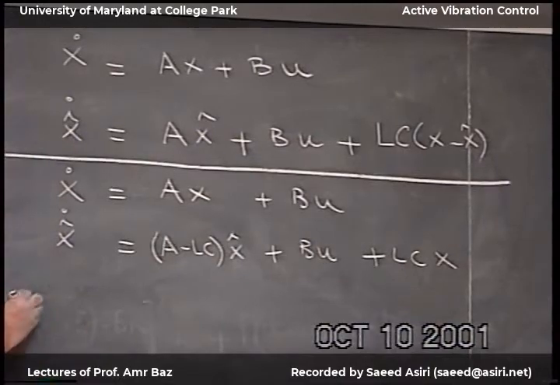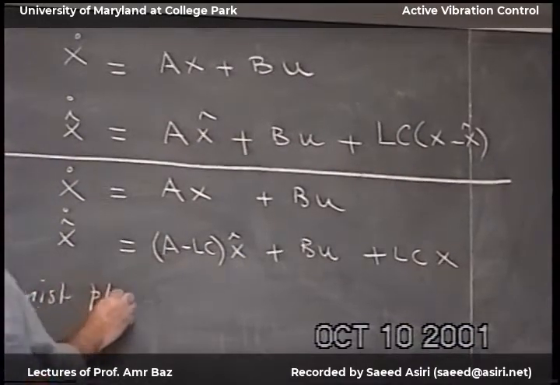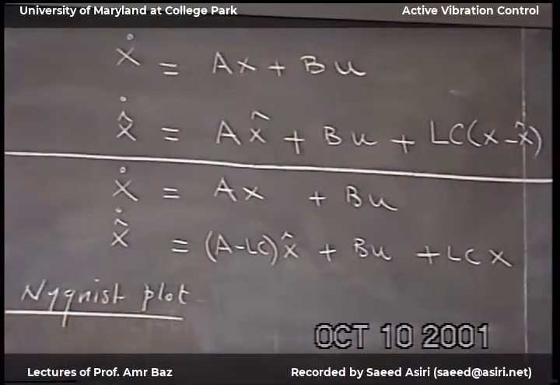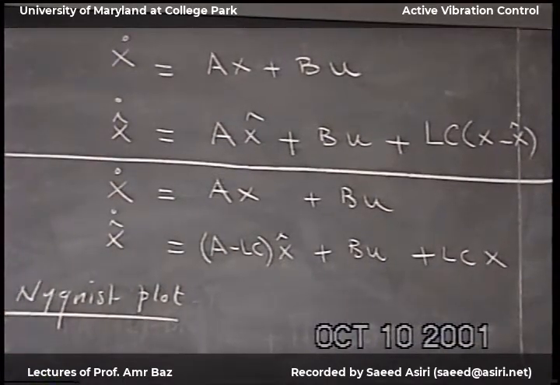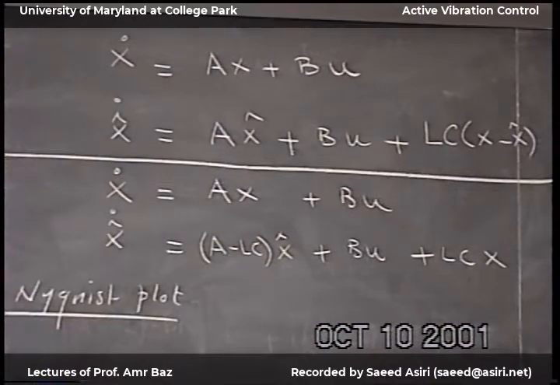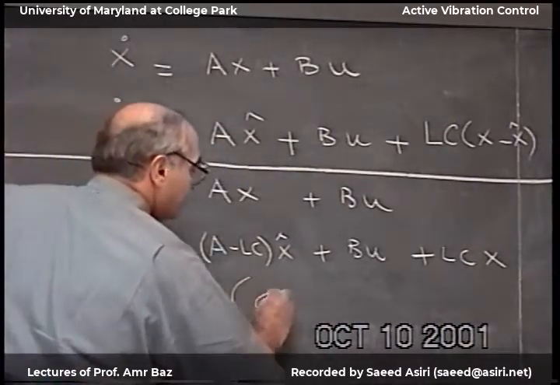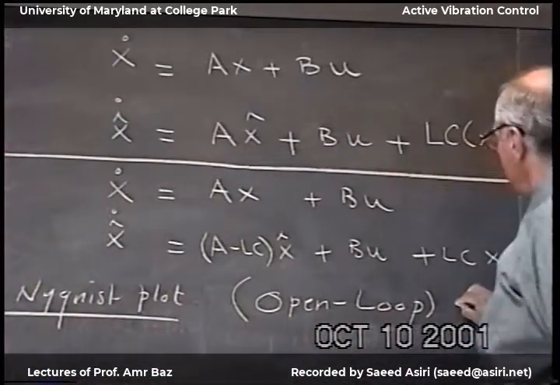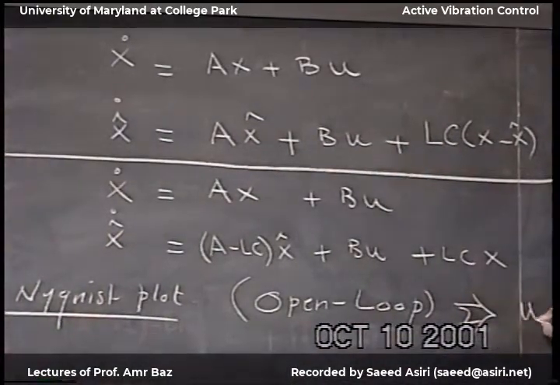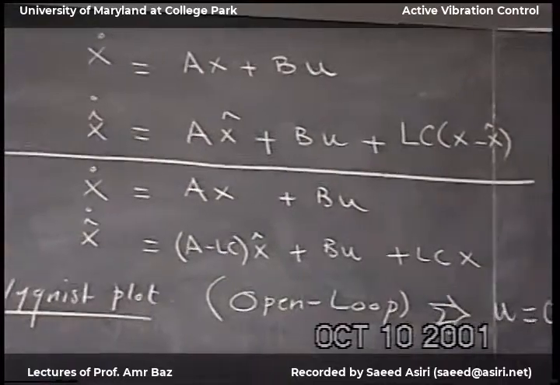a Nyquist plot, we said I have to determine the numerator and the denominator of the open loop. So we'll use here the open loop, and this means u is equal to 0.